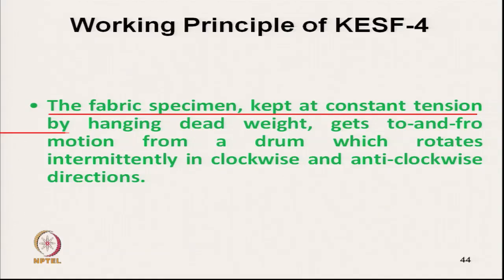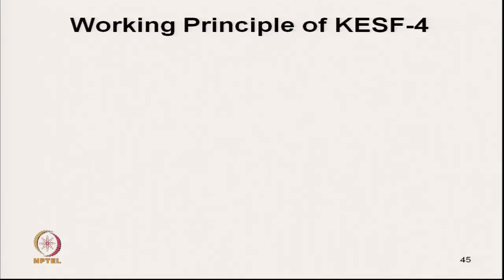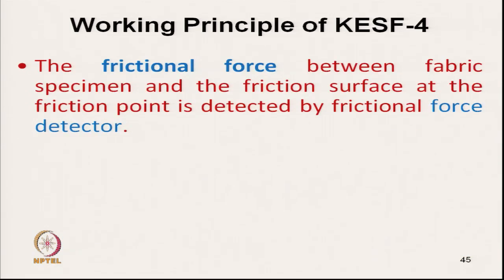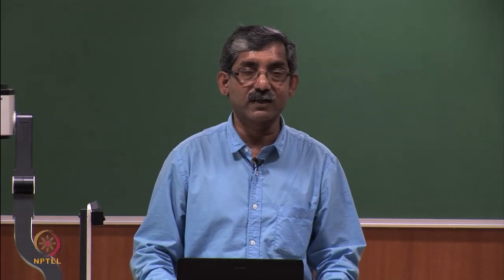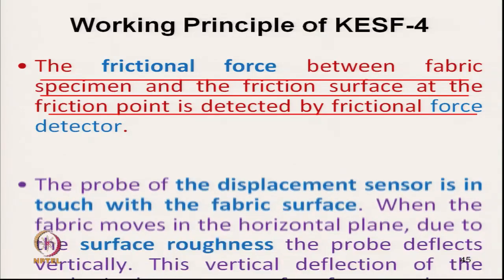In this way, the frictional force between the fabric specimen and a friction surface is detected. At the friction point there is a frictional force detector, a force detector which measures the frictional force.